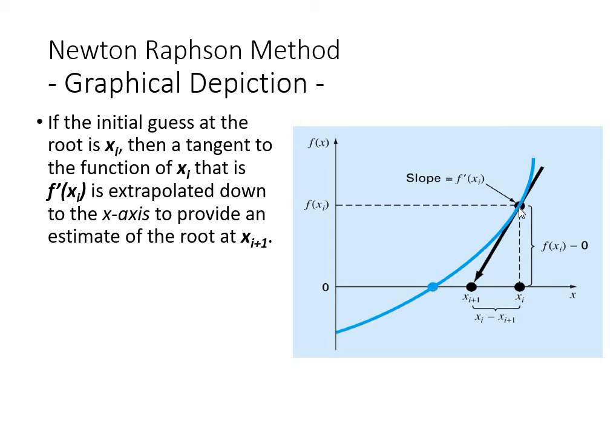The closer you get to the actual value, the closer these tangents get to this point. So if I take an estimate which is here, the tangent line will be closer to the true value. So Newton-Raphson deals with the tangents to the curve at that point to give you the next estimate.